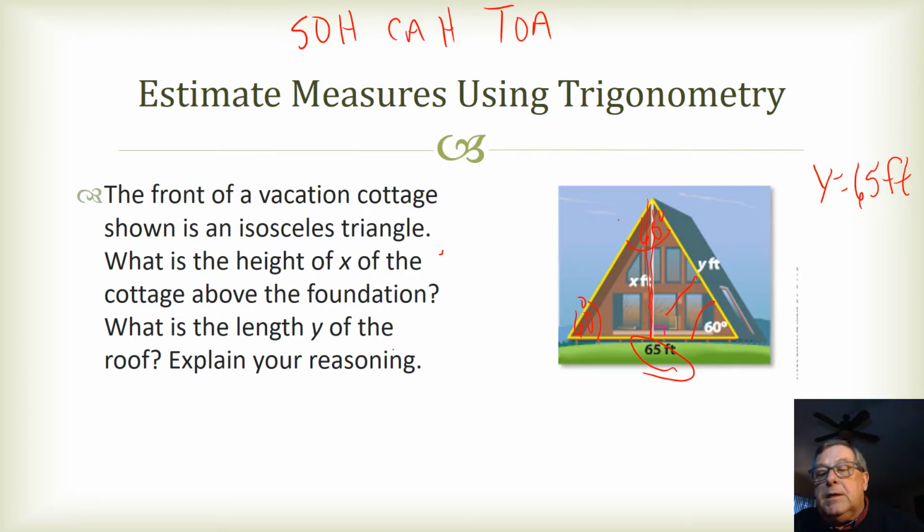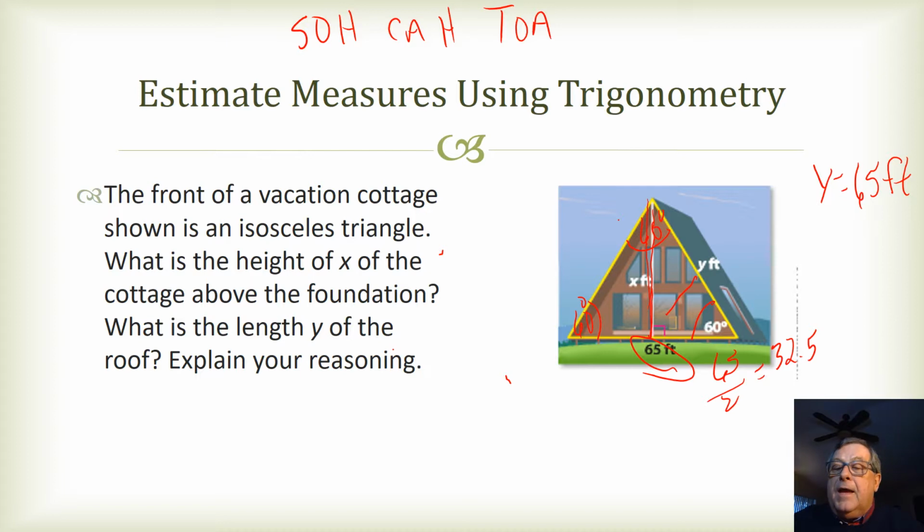And that means that this segment from the roof line down to the foundation is half of that 65 feet. And so 65 divided by 2 is going to equal 32 and a half.